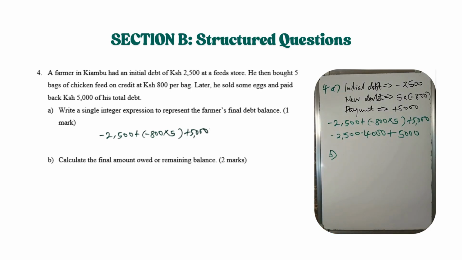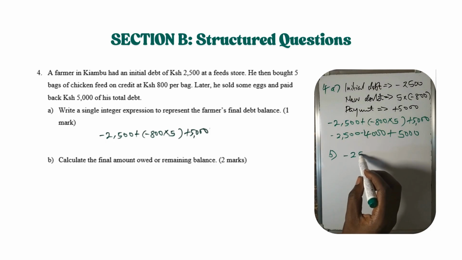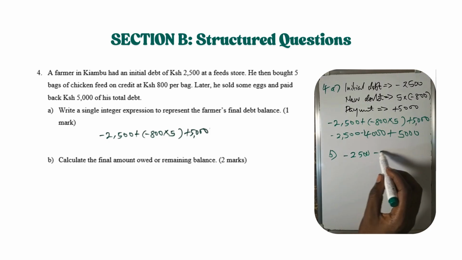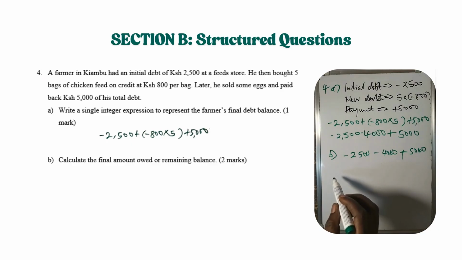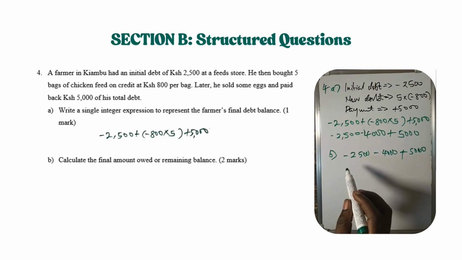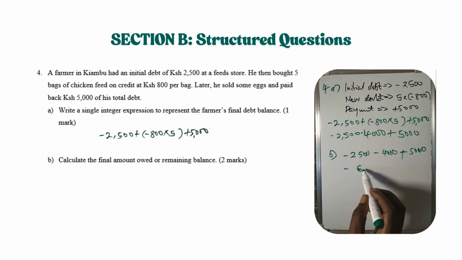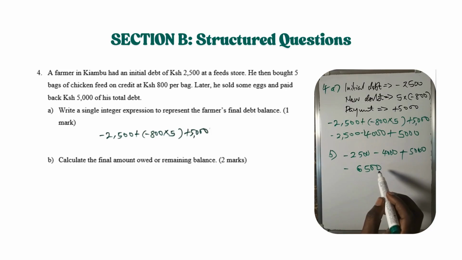Let's look at part B. Calculate the final amount owed, or the remaining balance. Let's complete this calculation. This and this is negative 6,500, then plus 5,000.